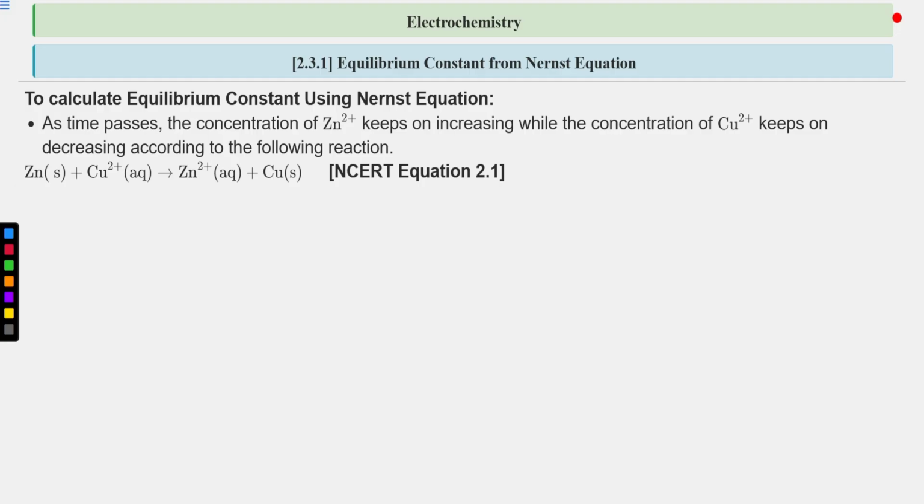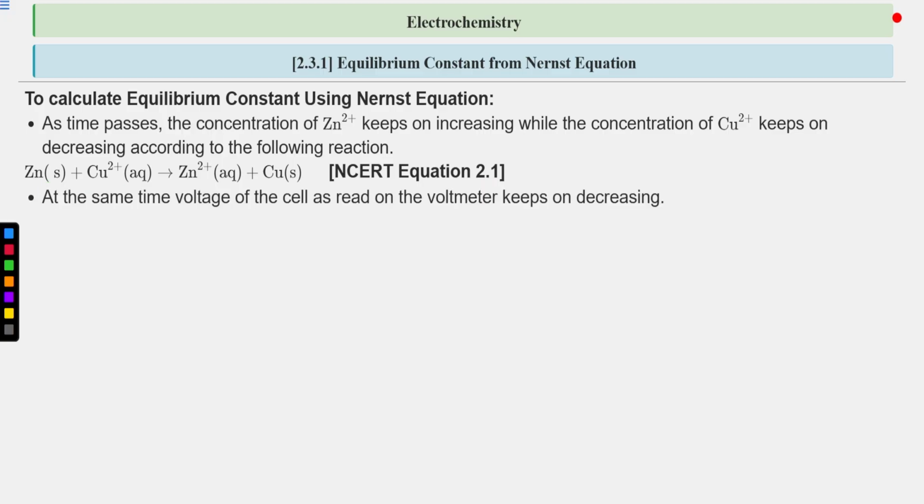The reaction is zinc plus copper 2 plus converting to zinc 2 plus and copper. Zinc is oxidizing because it is going from neutral to 2 plus, and copper is reducing, going from 2 plus to the 0 state. This is the reaction or equation of NCERT marked as 2.1.